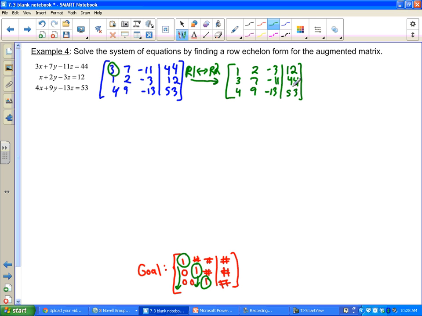If there is a 1 in the first column, but it's not in the first row, your first step should always be to try to switch those rows around so that you may end up with fewer fractions than you otherwise would.